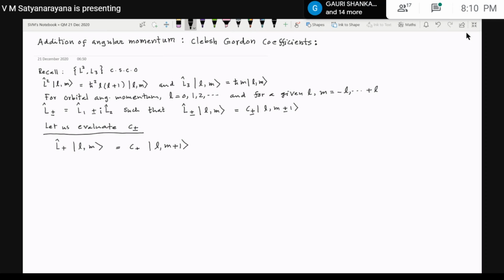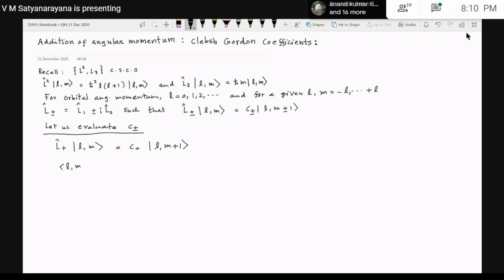And remember, whatever L and M are, they are all normalized states. So now let's take an inner product of this state with itself.